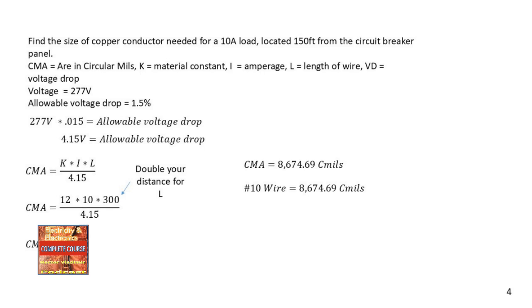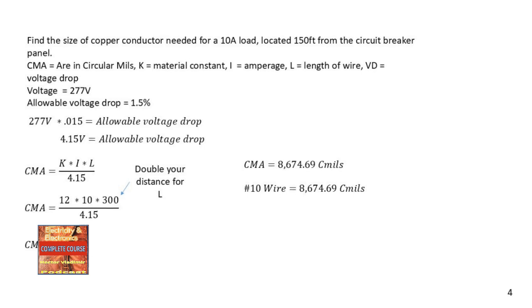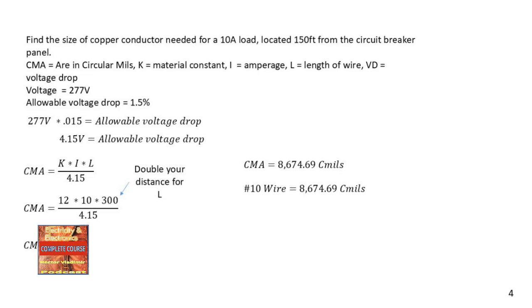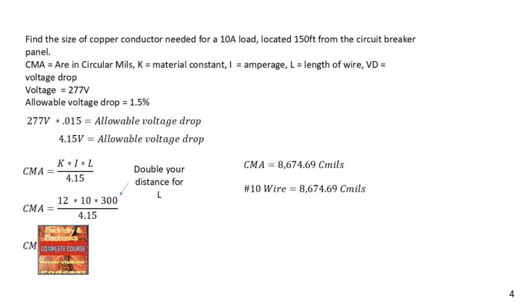Remember, 3% or less is what we want for voltage drop for most appliances, sometimes even less than that, of the total voltage. CMA is the area in circular mils. K is the material constant, which could be taken from the NEC. I is, of course, amperage. L is the length of wire, and VD is your voltage drop.